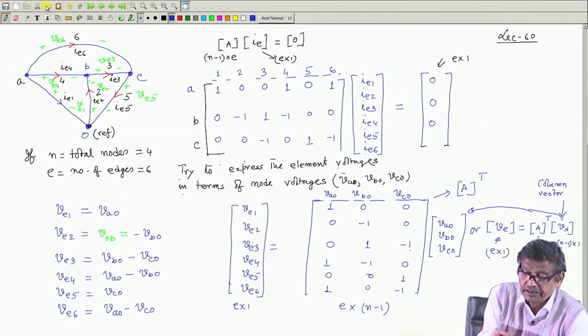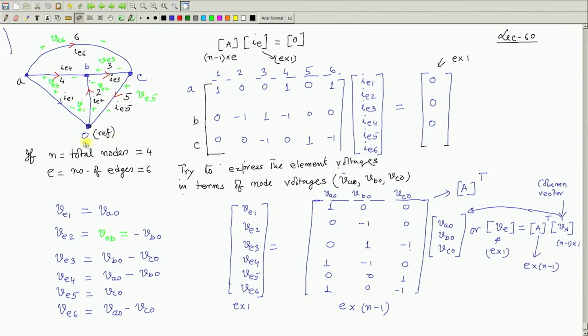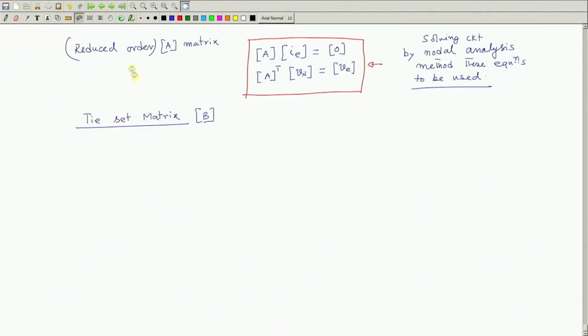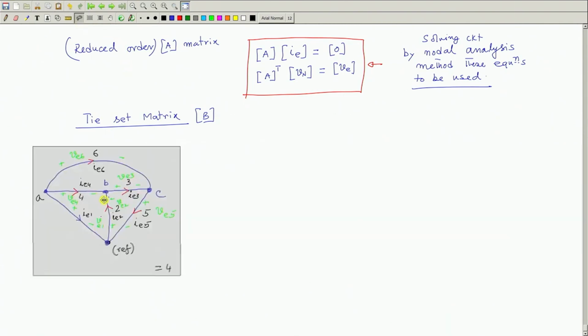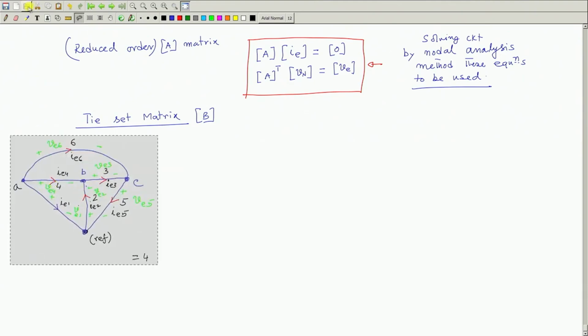So, I will just copy this diagram, this one, copy and paste it in the next page, and put it here, because I have to talk in terms of the same network. So, this is the thing. This was the tree of the network. This is how we have assigned the things.